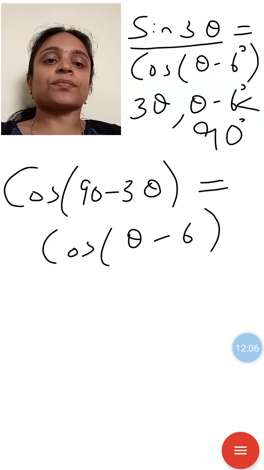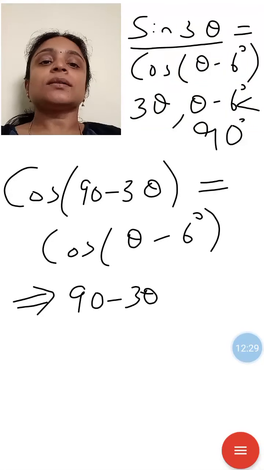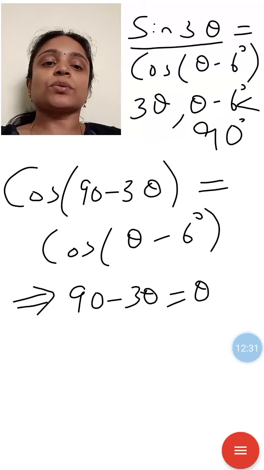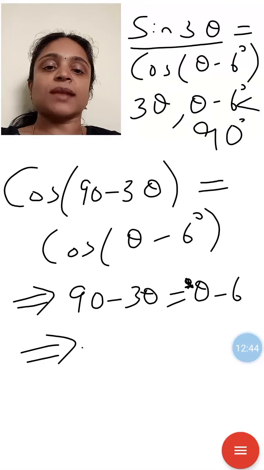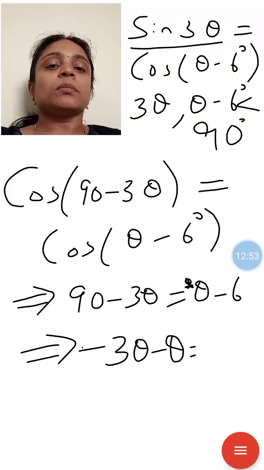So, this implies that 90 minus 3 theta equal to theta minus 6, right? So, minus 3 theta minus theta equal to minus 6 minus 90, right?